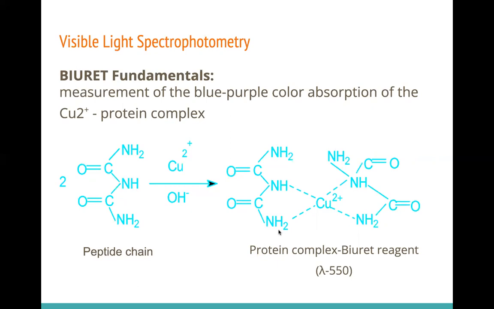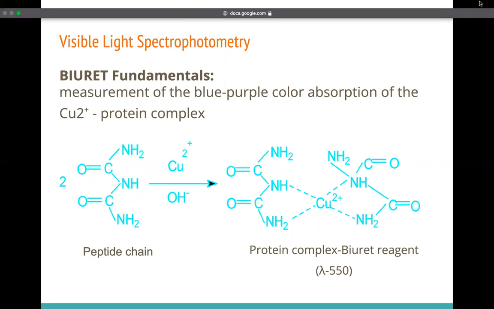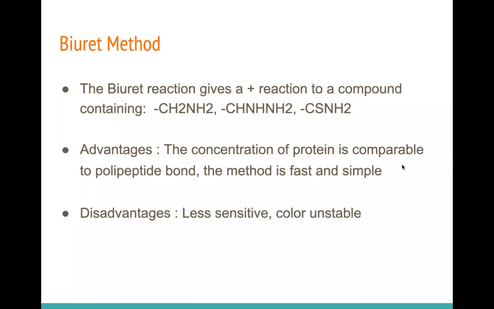The protein complex between the protein and the Biuret reagent, Cu2+, will form a blue-purple color, which can be measured at a wavelength of 550 nanometers. So the Biuret reaction gives a positive reaction to compounds containing CH2NH2, CHNHNH2, or CSNH2.